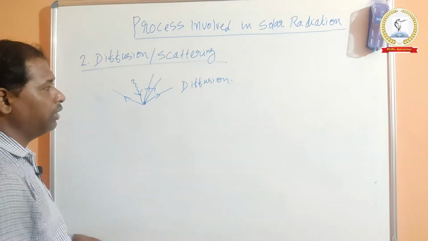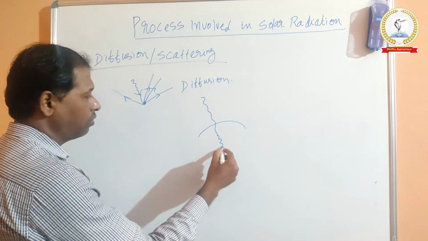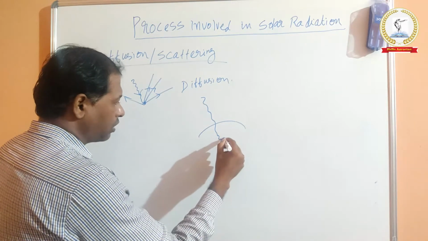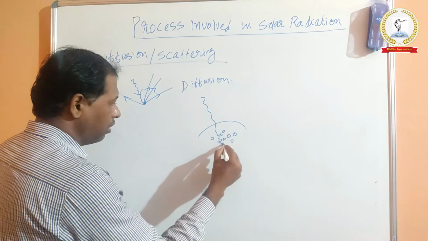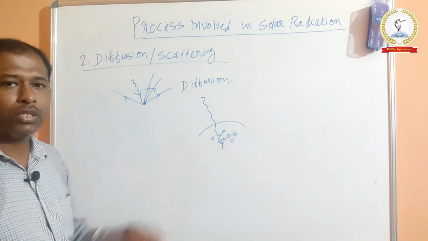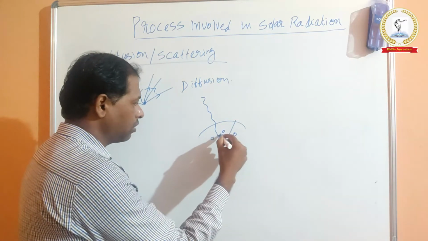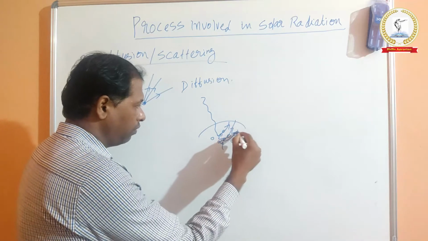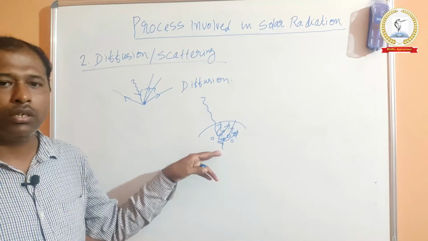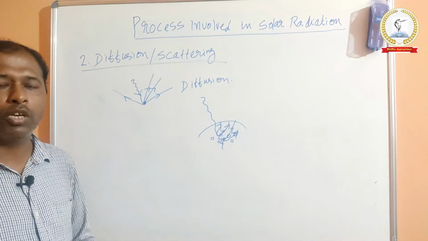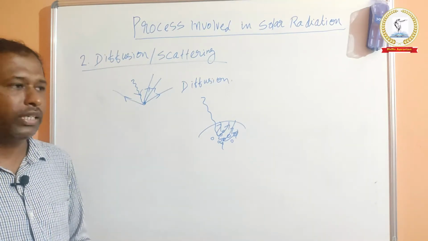When sunlight passes through the atmosphere, it has to travel through numerous suspended solid particles available in the atmosphere. In this process the energy and light is diffused and scattered. These small suspended particles in the atmosphere scatter and diffuse the sun's electromagnetic radiation.